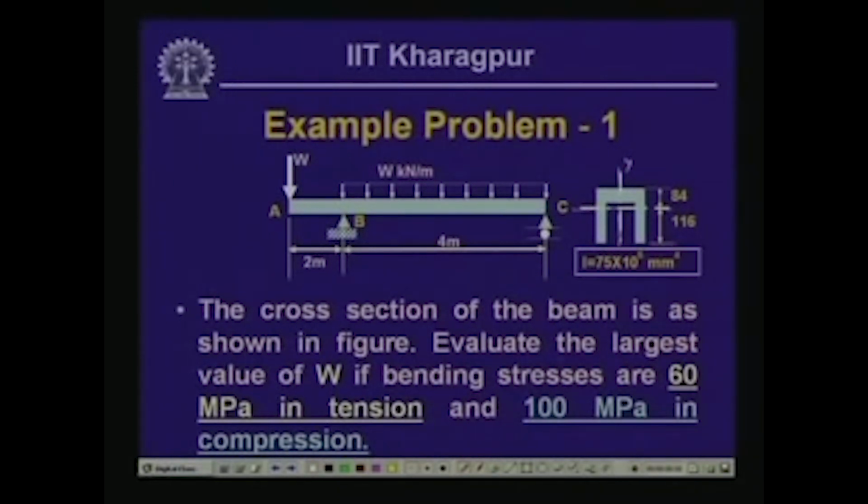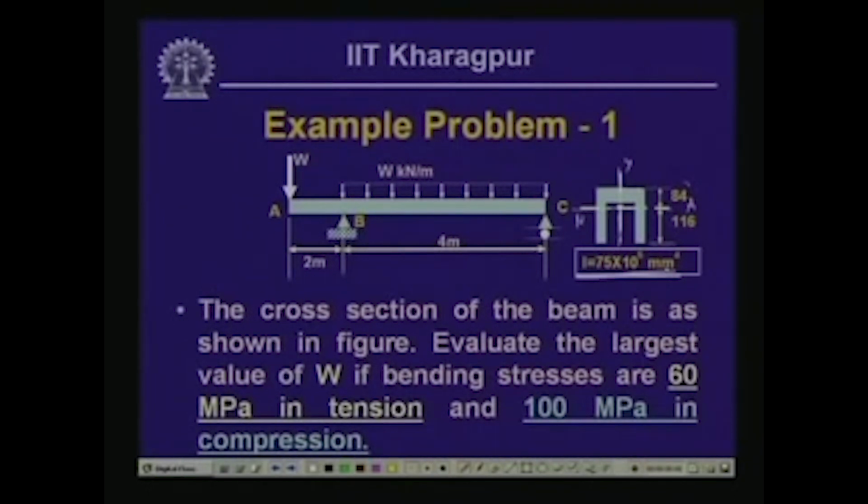Hence, first we will have to locate the position of the centroid of this section, so that we can find out the position of the neutral axis and consequently the moment of inertia I. Fortunately in this problem, these values are given: the location of the centroid is 84 millimeter from the top of the cross section, and the moment of inertia about the neutral axis is given as 75 into 10 to the power 6 millimeter to the power 4.